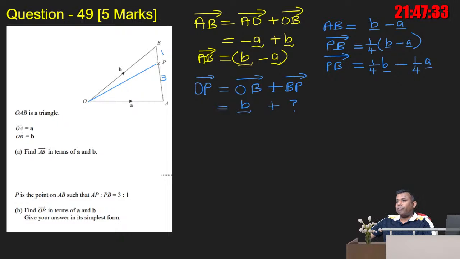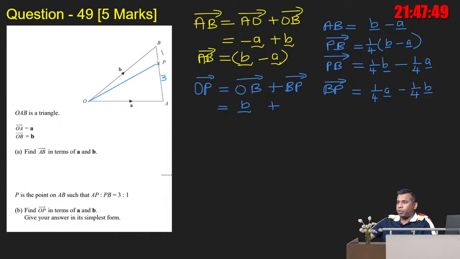Now if you do the BP, this is minus, so that is going to be 1/4 A minus 1/4 B, right? So now that is what I am going to use here.